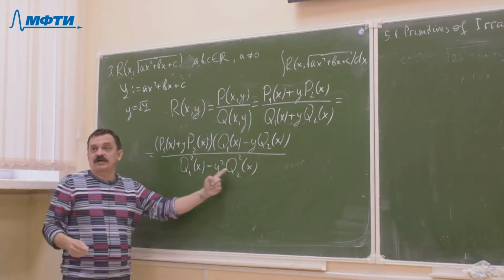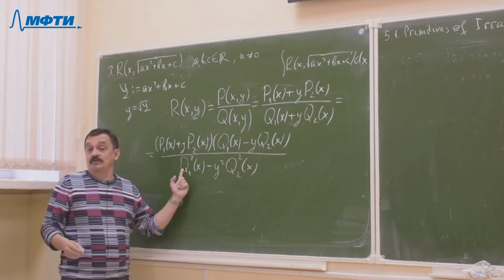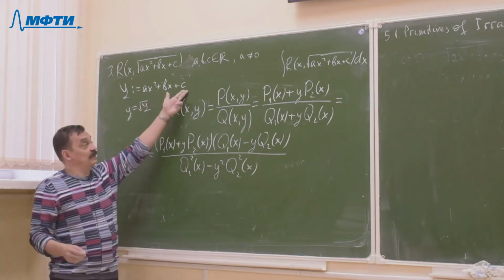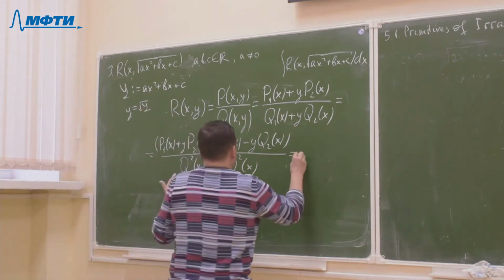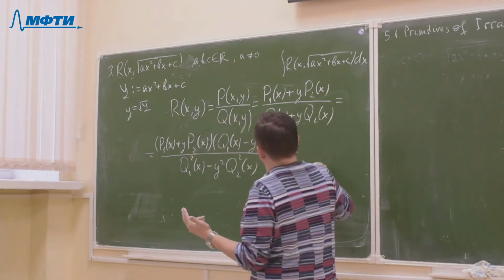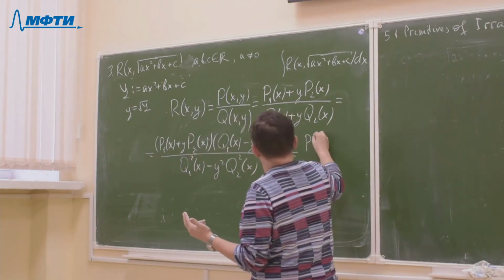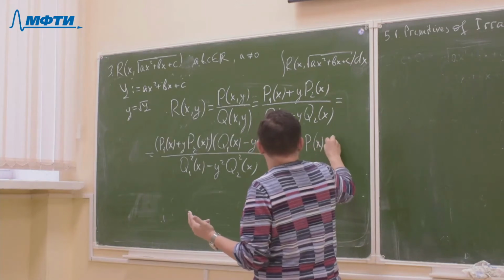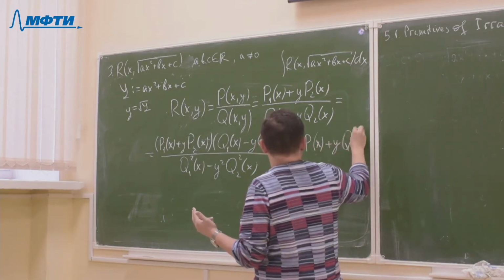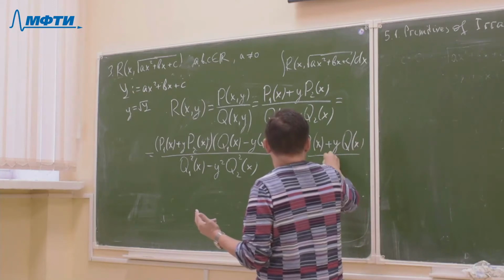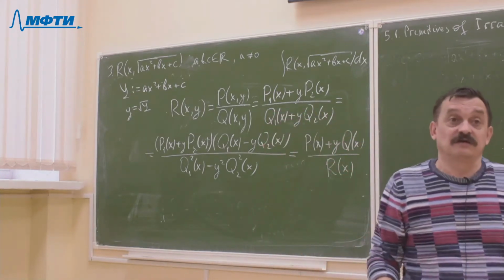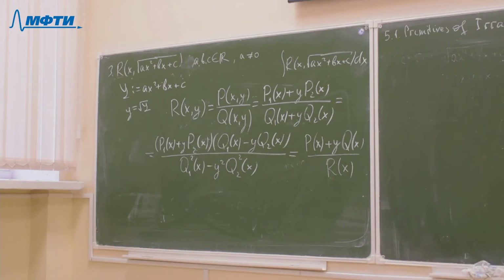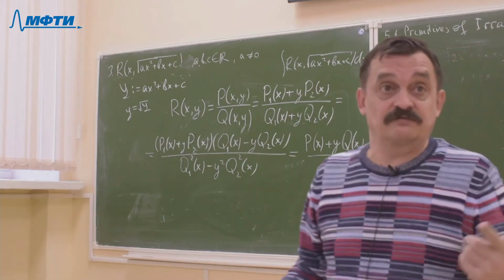So now what we have in the denominator is a polynomial of x, because y squared is again a polynomial, right? So as a result, we have an expression of the following form: p of x plus y q of x over, let's say, r of x. So you see that an arbitrary rational function of our variables x and y can be expressed in that form.